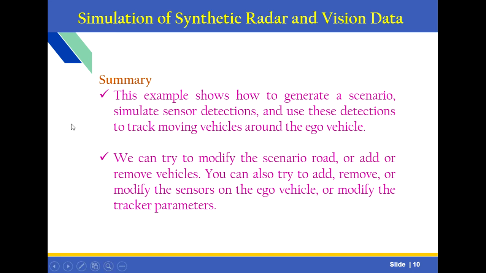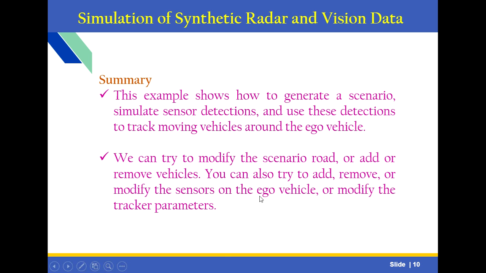This is the conclusion of this example simulation of synthetic radar and vision data. This example shows how to generate a scenario, simulate sensor detections, and use these detections to track moving vehicles around the ego vehicle. We can try to modify the scenario, road, or add or remove vehicles. We can also try to add, remove, or modify the sensors. Previously we used six radar sensors and 2 vision camera sensors placed in the vehicle.